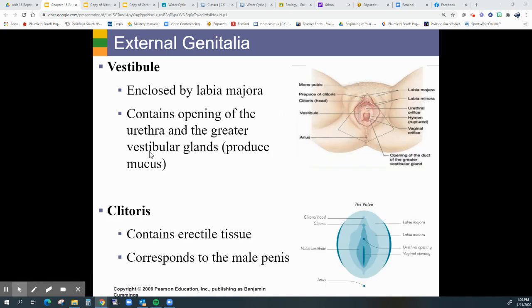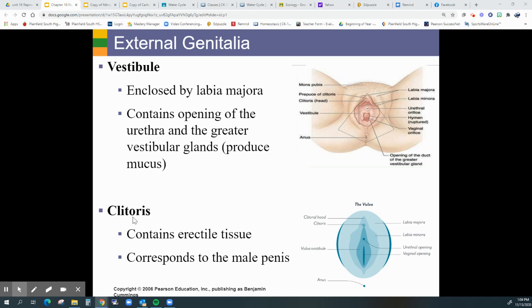All right. There's an area called the vestibule that's inside of those labia. Okay. It actually contains the opening to the urethra. There are some glands that produce mucus that are also inside of that opening. And then inside of that is also the clitoris just above that. One of the questions that a lot of times shows up on the exam is which organ of the female is the corresponding organ to the male penis.